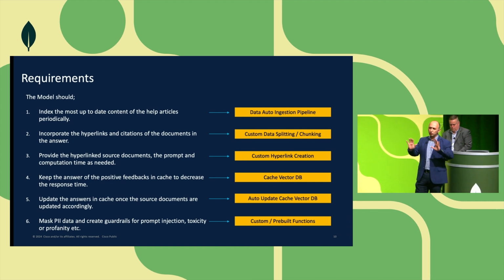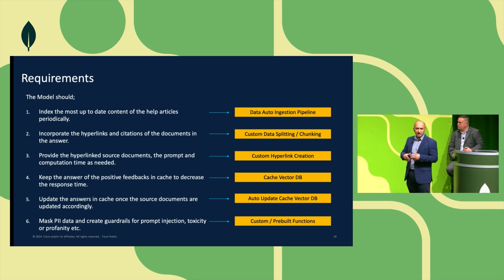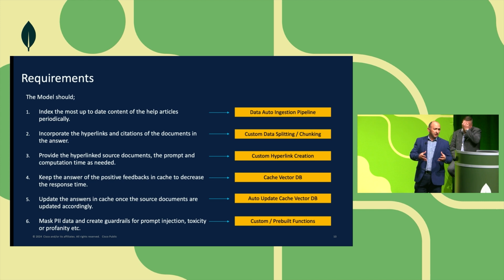We came up with 2 different UIs. One is for the user, the other one is for the engineers to debug what was the query, what the current FAQ model generated, and what was the output from the GenAI model, source documents, prompts, and the computation time, and so on and so forth. And keep the answers with positive feedback in cache to decrease the response time, as well as the cost.